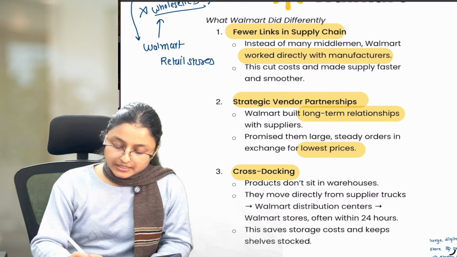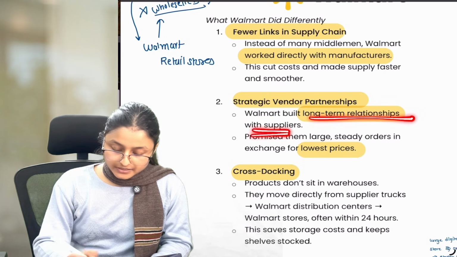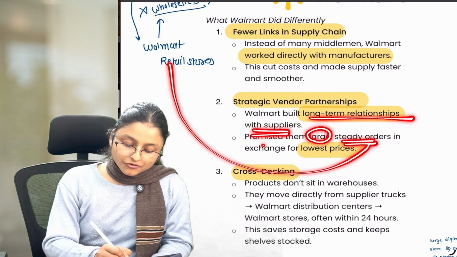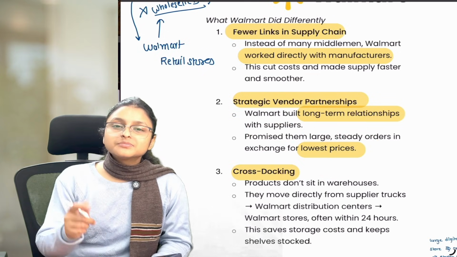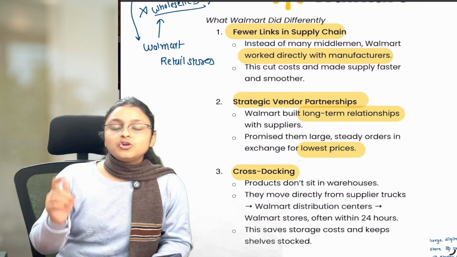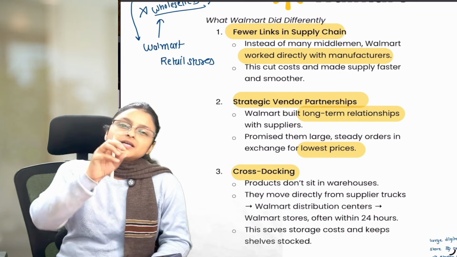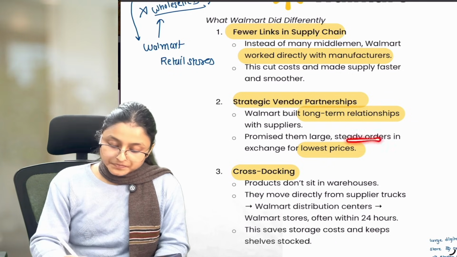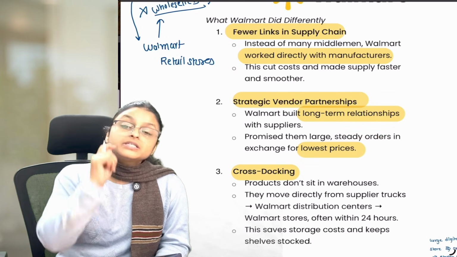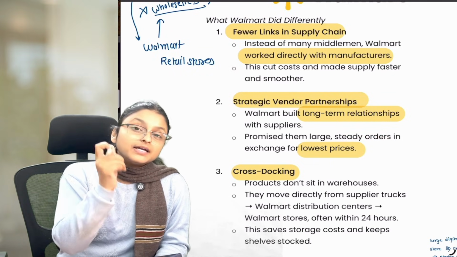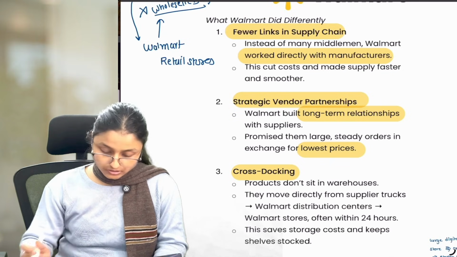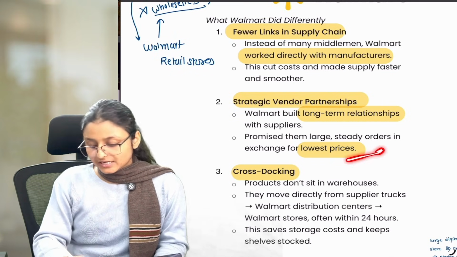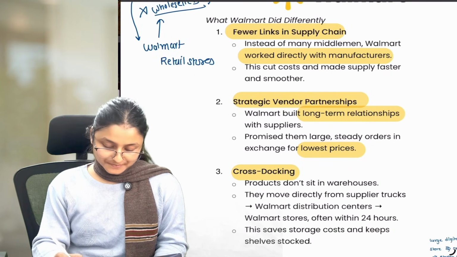Walmart built long-term relationships with suppliers and promised them large, steady orders, as consumption happens daily in their many retail stores. A lot of consumers come, buy the product, and hence product is needed every day. That is why it promised manufacturers steady and continuous orders. In exchange, Walmart gets lower prices from the manufacturer.